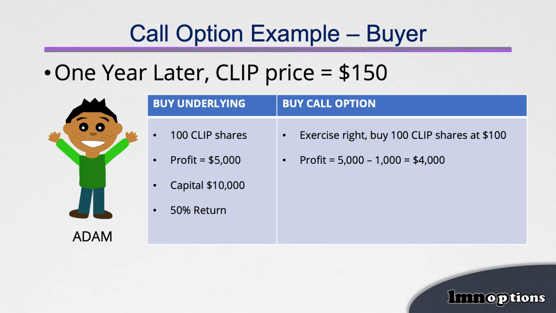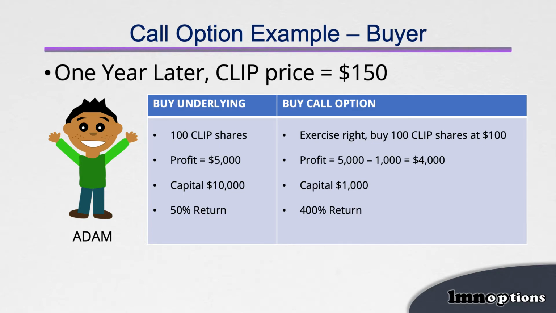So his total profit will be the $5,000, minus the price that he paid for the option, and that gives him a total profit of $4,000. However, his initial capital, which he put up for the call option trade, was the $1,000 that he paid for the call option, and this would give him a return of 400% on his capital. If the trade plays out as expected, using the call option can amplify the returns on the same movement in the underlying shares.